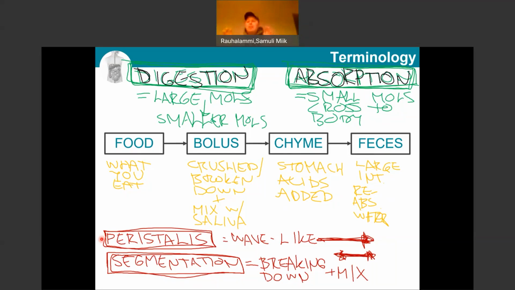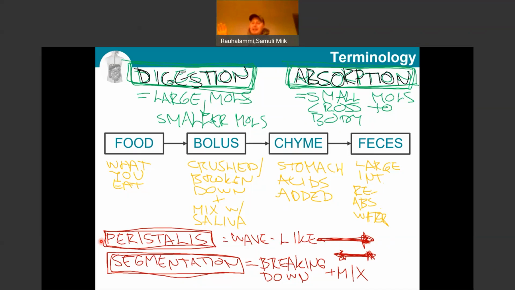When we're discussing these movements, we're going to be thinking of a muscular tube that we have here. The walls of this muscular tube have a muscle layer, and this muscle layer allows us to do two types of things. The first type of thing that we can do with this muscle tube is known as peristalsis.